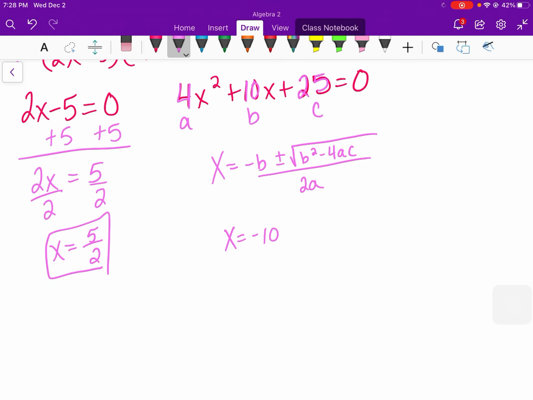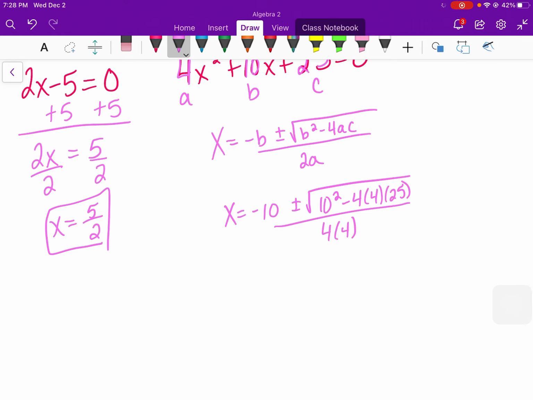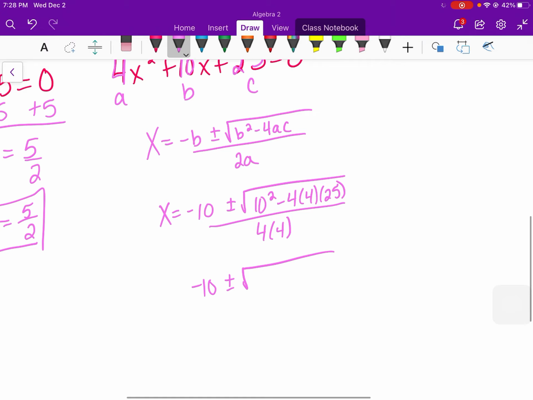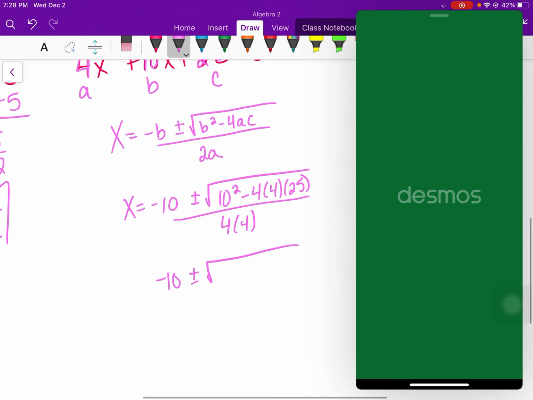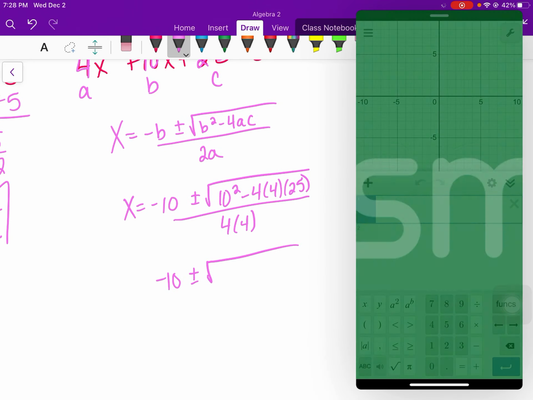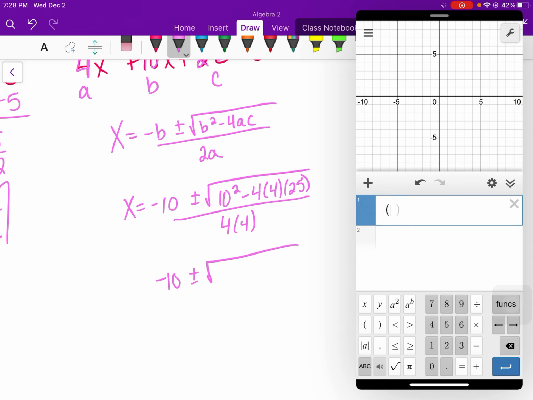So it's going to be negative 10 plus or minus the square root of 10 squared minus 4 times 25, all over 4 times 4, plugging in the a, b, and c. Then keep working with that and figure out the middle here. You can use a calculator if you like. I happen to have Desmos open, but you can use another calculator too.